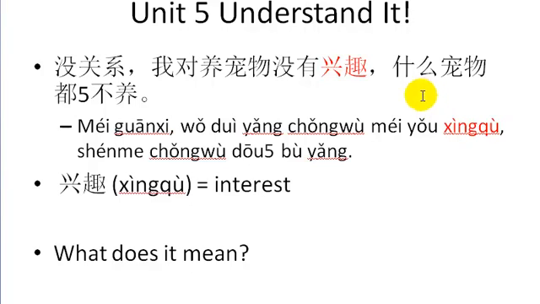You just say 都, 我哪儿都不想去. Want to go, don't want to go. I don't want to go anywhere. 我哪儿都不想去. Okay. In this case, it's 什么宠物都不养. Okay. So pause and write down what you think this means.